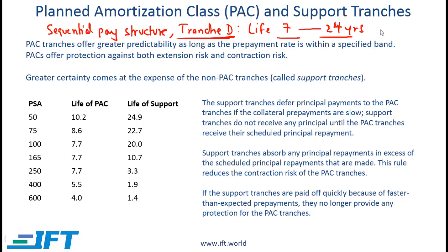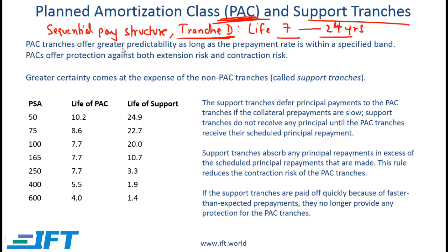Let's say we have investors who are not comfortable with this much variability. For them, the solution is planned amortization class tranches or PAC tranches. On this slide, we'll study PAC tranches and support tranches, which allow us to have more predictability with PAC tranches.